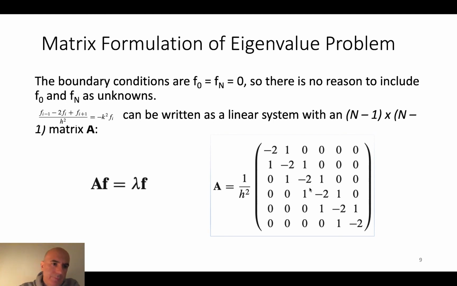So we can write the following equation as a linear system with an n minus 1 by n minus 1 matrix A. Because of the stencil operator, we can express our matrix as a tridiagonal matrix, where we have minus 2 on the main diagonal, which takes care of this term here, and then we have plus 1 and plus 1 for the points in the finite difference that are related to the central point.